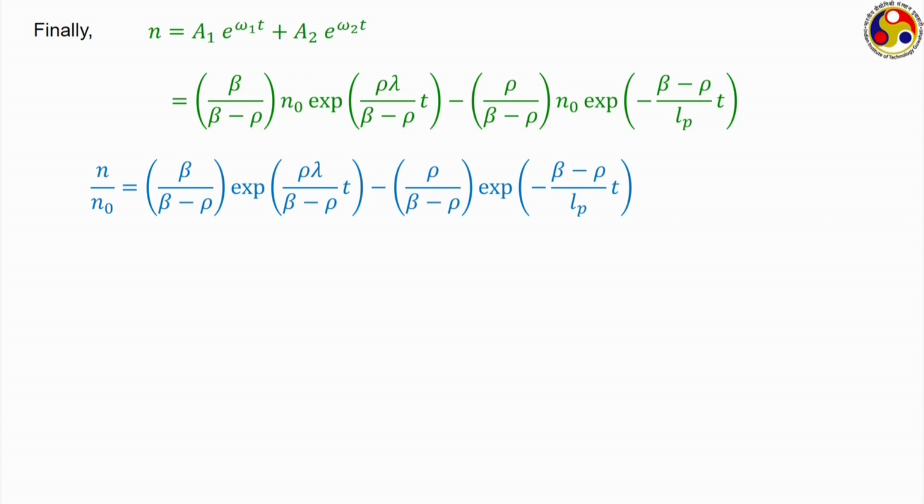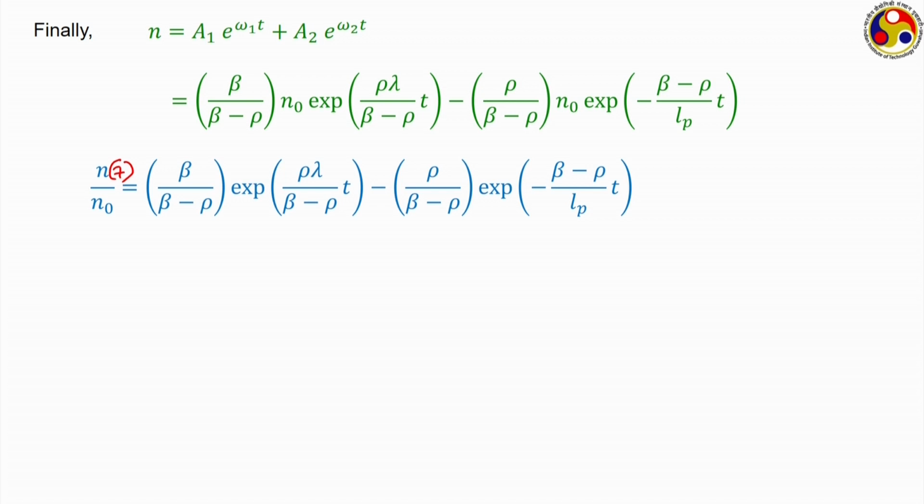This is the final solution that we were looking to find through this entire exercise, that is the expression for N as a function of time and its relation with N naught.